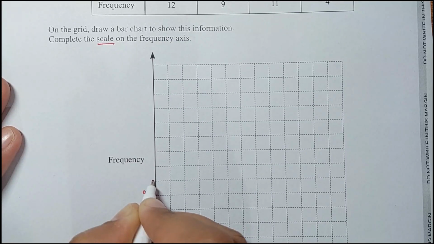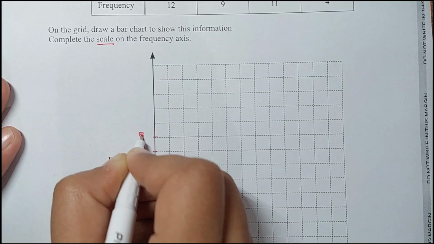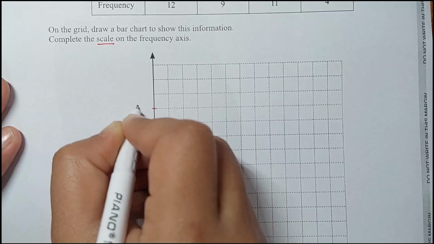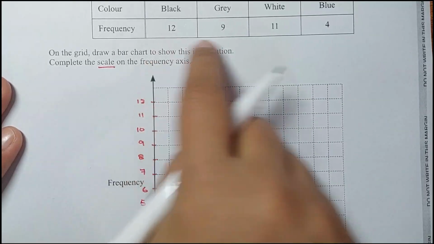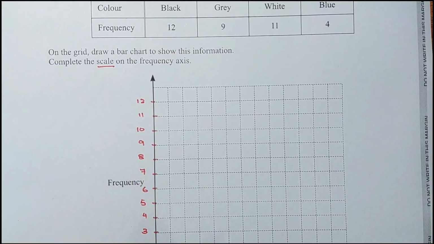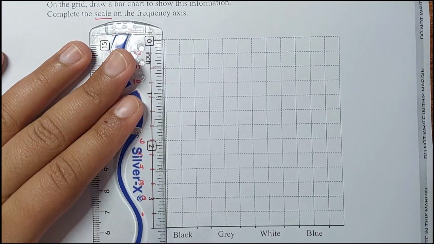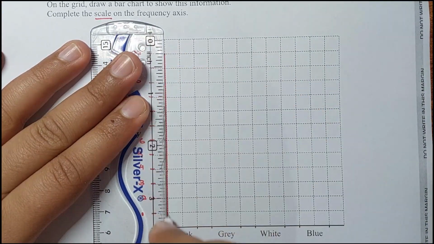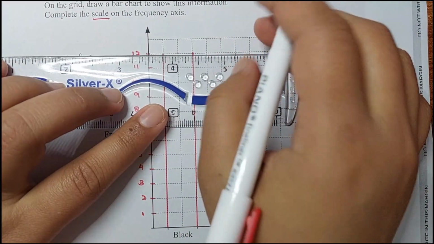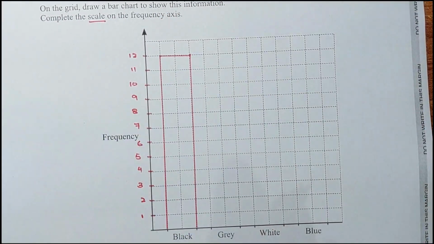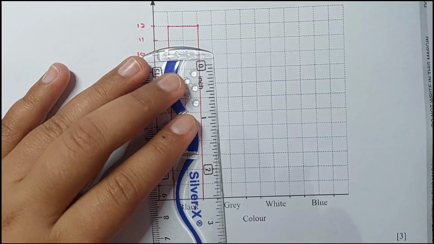3, 4, 5, 6, 7, 8, 9, 10, 11, 12, because 12 is the maximum one. So black has 12. The frequency of black is 12. Let me draw for black. It's 12. Then gray is 9.